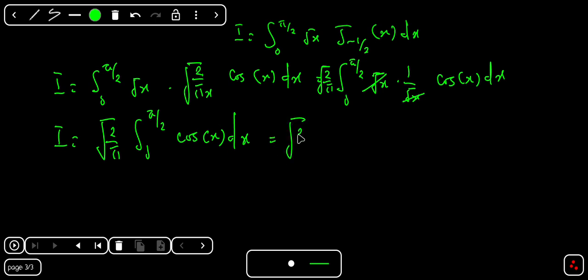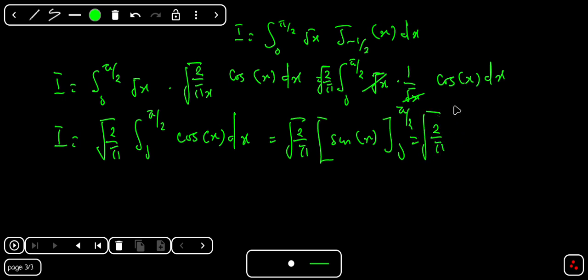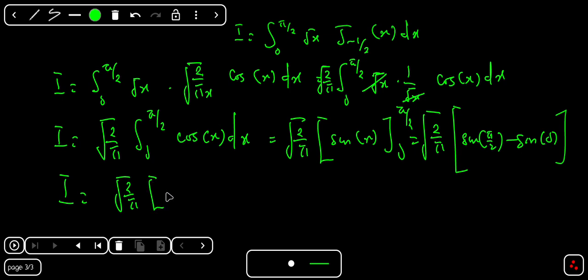So we have square root of 2 over pi, then sin x. You apply the limit from 0 to pi over 2. So we have square root of 2 over pi, then in brackets sine pi over 2 minus sine 0. Sine pi over 2 will give us 1. So we have I equal to square root of 2 over pi, then in brackets 1 minus 0, because sine 0 is 0. So we have square root of 2 over pi. Hence, we have a beautiful solution.